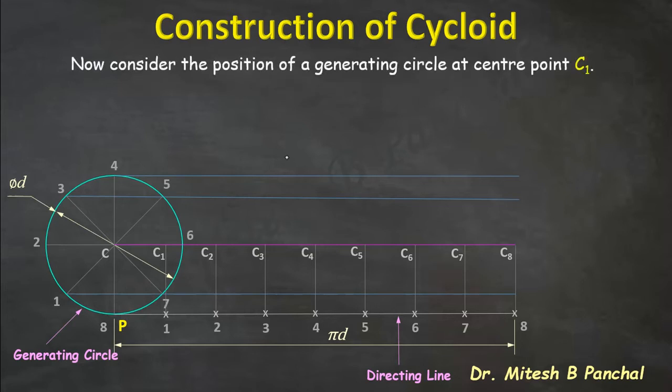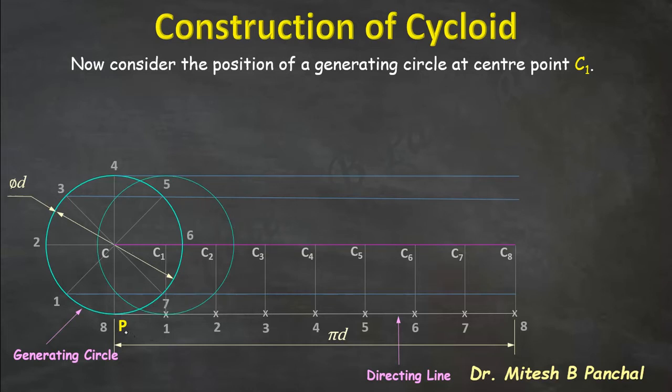Now consider the rolling of the generating circle. As the generating circle rolls and reaches the center position C1, point C will move to C1, and the position of the generating circle is like this.